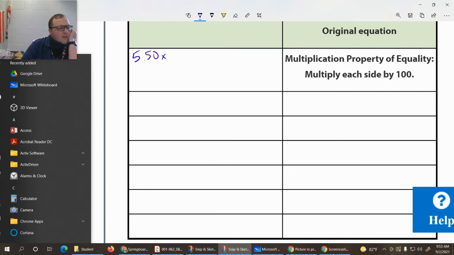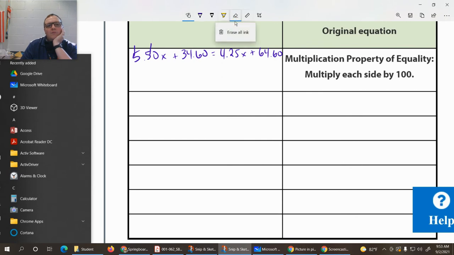The original equation is 5.50C plus 34.60 equals 4.25C plus 64.60. Oh, I wrote that in the wrong spot, didn't I? I guess I can't move it.